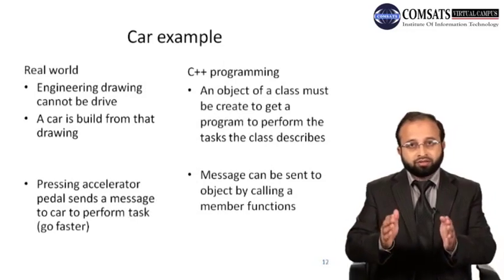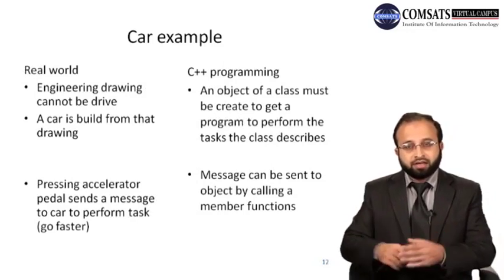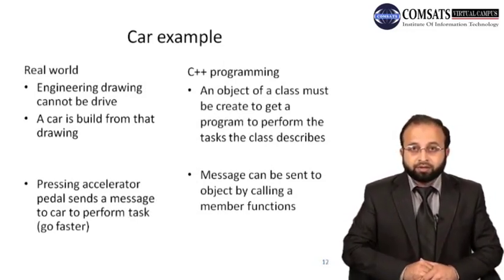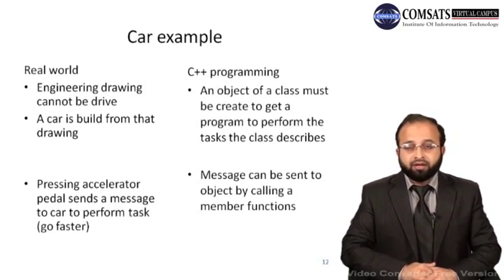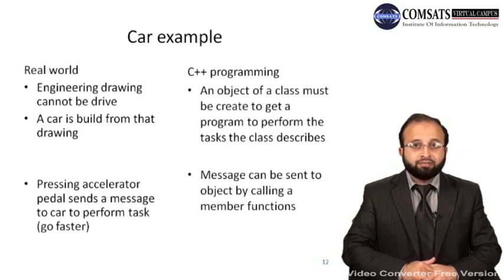So you have a class, you create an object of that class, then you can send a message to the object by calling the member functions described inside the class, right?